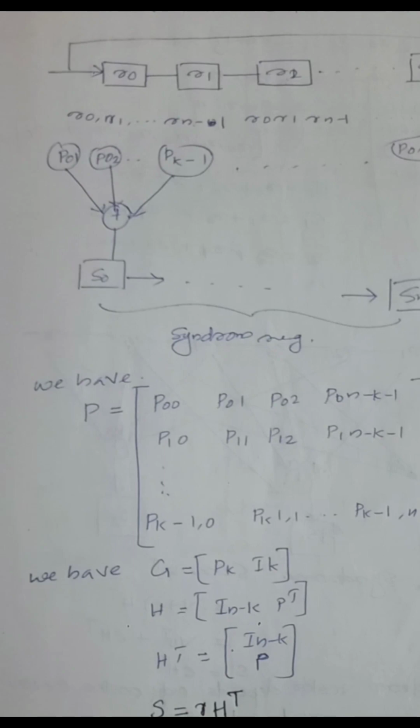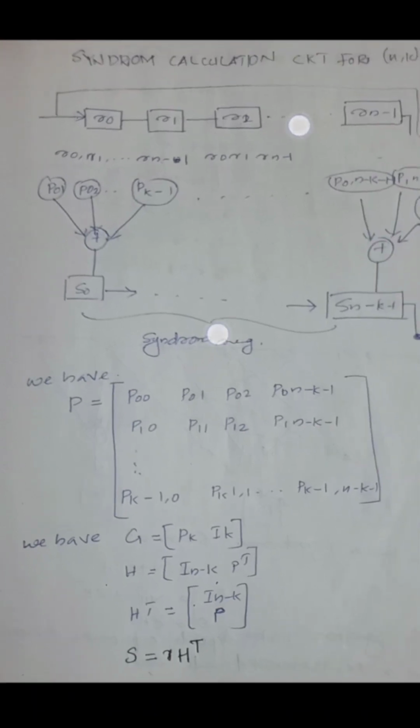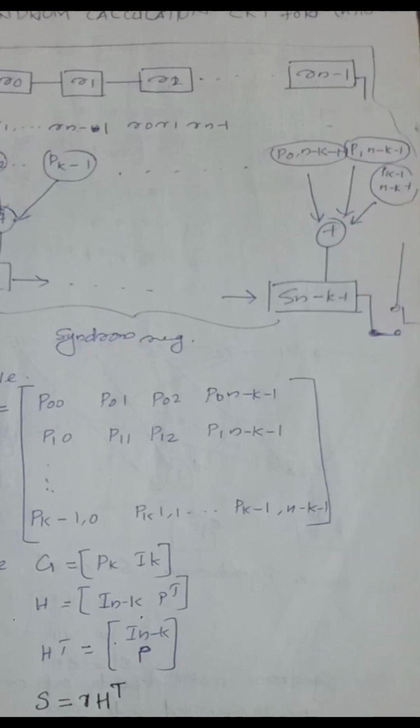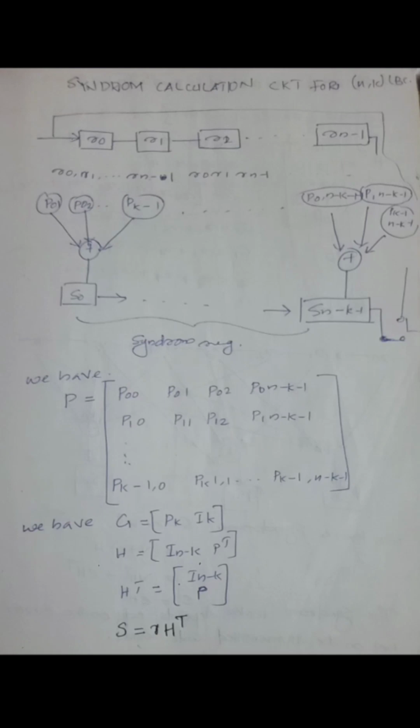By adding these, the P's are a connection of R to S. So by calculating S is equal to R H transpose, we get the syndrome values S. Okay, so we get a syndrome equation. From that syndrome equation, we are finding this circuit. So by adding these values, we get S0, S1, etc. Sn minus k minus 1. This is how we are calculating a syndrome.